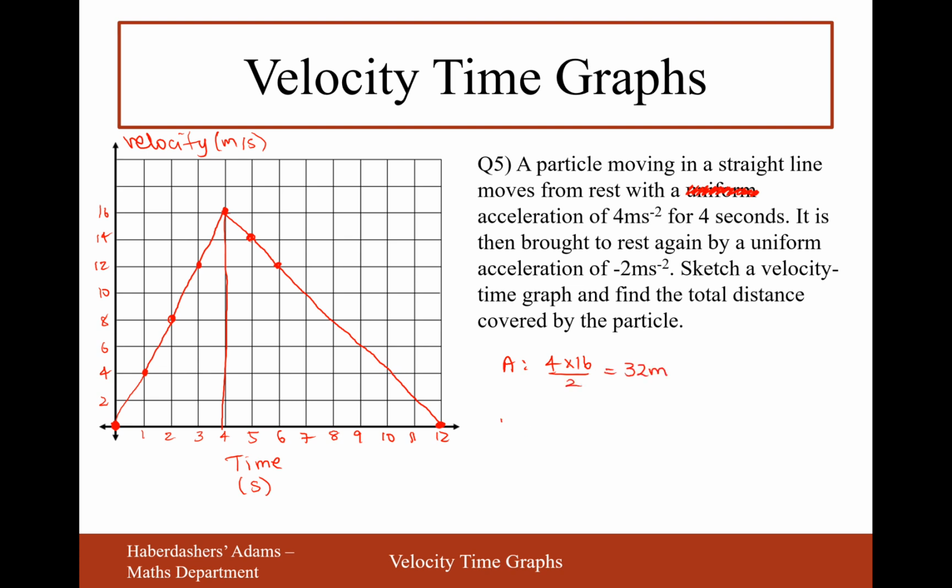Section B is another triangle, from 4 up to 12, that's 8 times 16 divided by 2, pretty much double what we've got already, 64 meters. So the total distance travelled, 32 plus 64, is 96 meters. So that's the answer to the total distance covered by the particle.